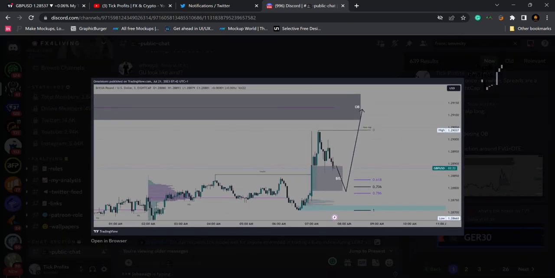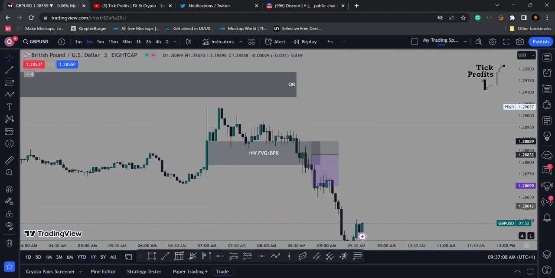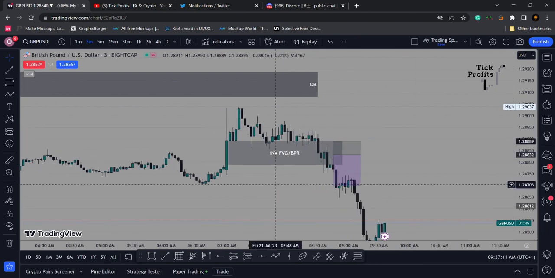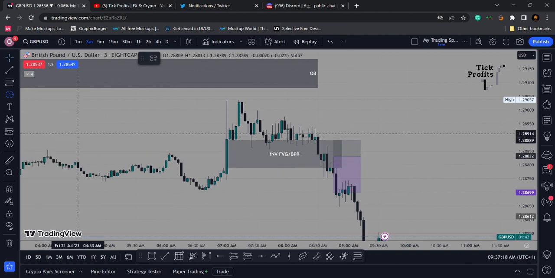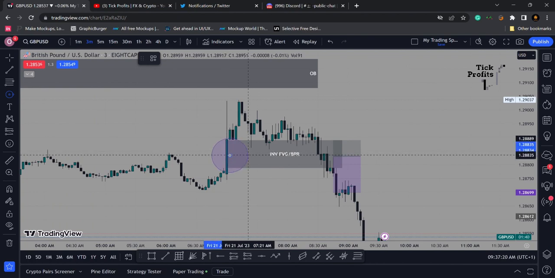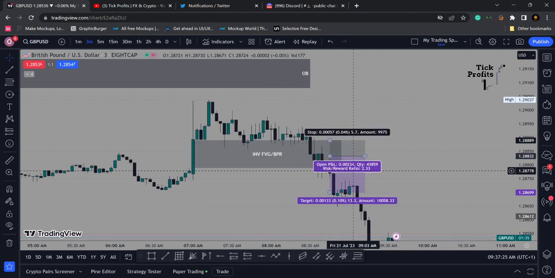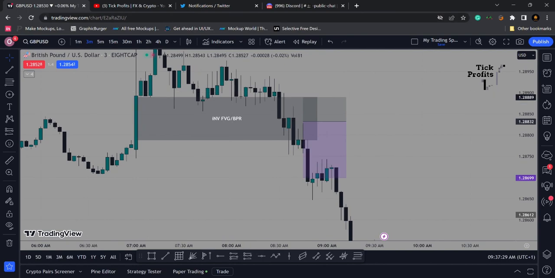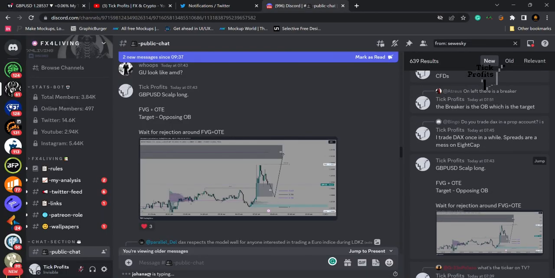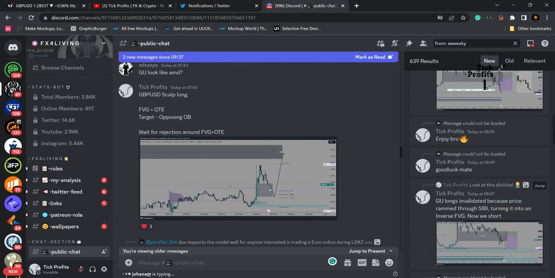But we saw that when price tapped into the bullish FVG, this FVG here, price didn't respect the FVG. So our bullish bias was invalidated, and we had to switch our bias from long to short.